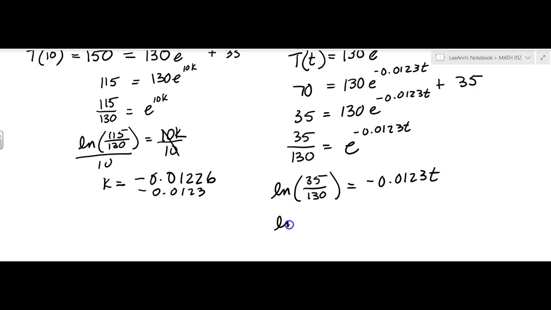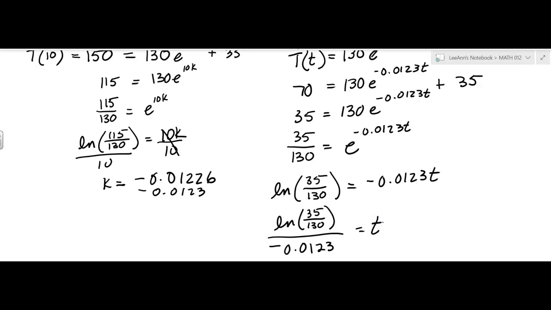And so I'm going to have the natural log of 35 over 130 divided by negative 0.0123, and that's going to equal the time.